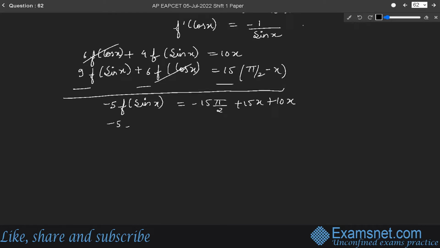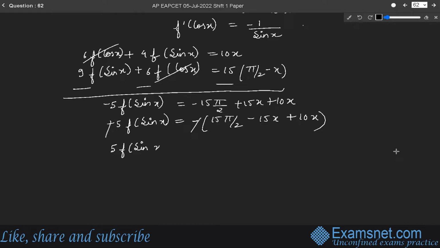So minus 5f of sin x will be equal to, taking minus common, 15 pi by 2 minus 15x plus 10x. This minus and minus will be cancelled. So it will be 5f of sin x is equal to 15 pi by 2 minus 5x.